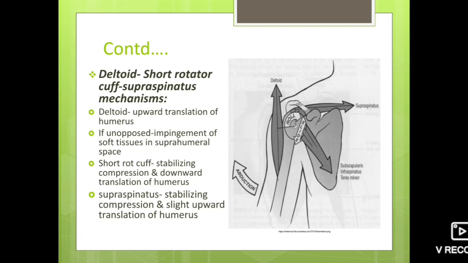The supraspinatus has a significant stabilizing compression and also a slight upward translation effect on the humerus. Now, interruption of function of any of these muscles can lead to shoulder dysfunction because of microtrauma in the shoulder region.